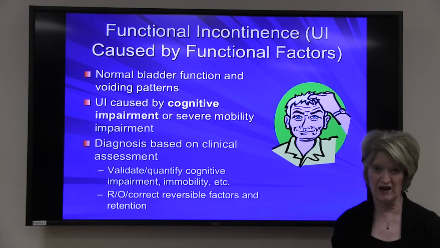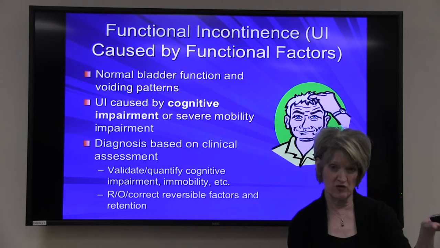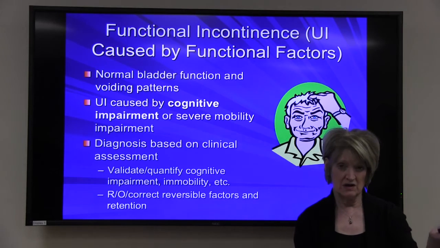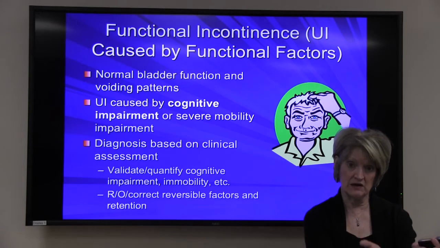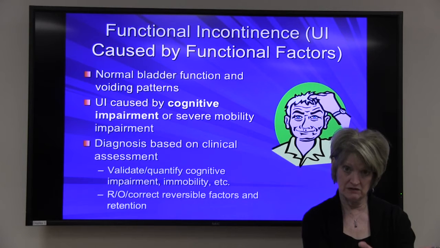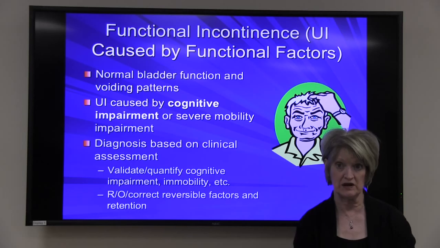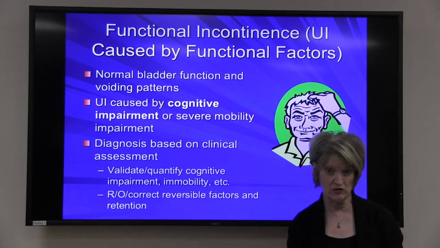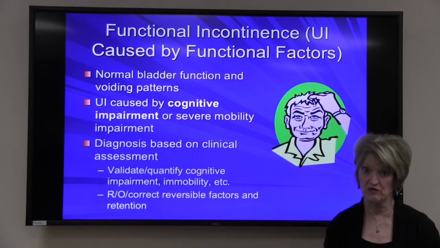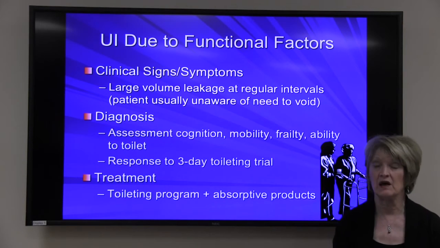So I have, on the one hand, observed voiding patterns, and I have, on the other hand, documented evidence of severe cognitive impairment or severe mobility impairment. I also have to remember to screen for reversible factors and to correct them.